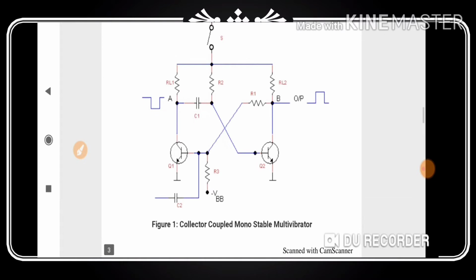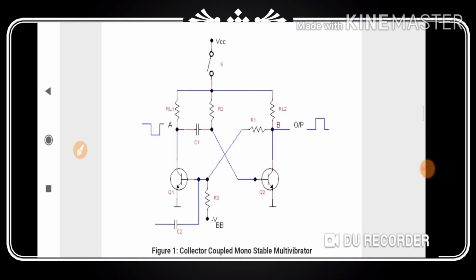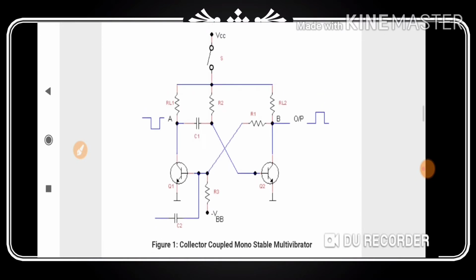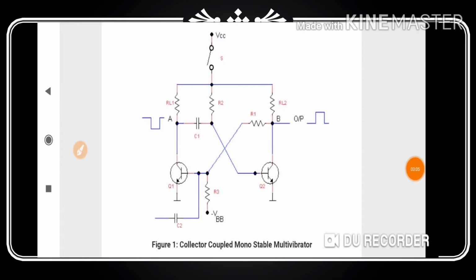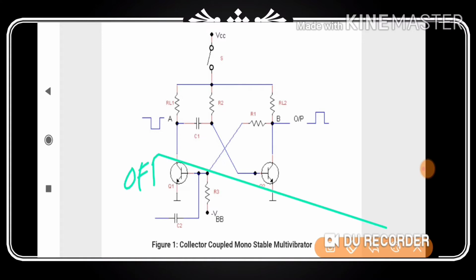Next, you have to see the working or operation of the monostable multivibrator. When the circuit is on and the VCC supply is given to the circuit, the transistor Q1 is in the off state and Q2 is in the on state.